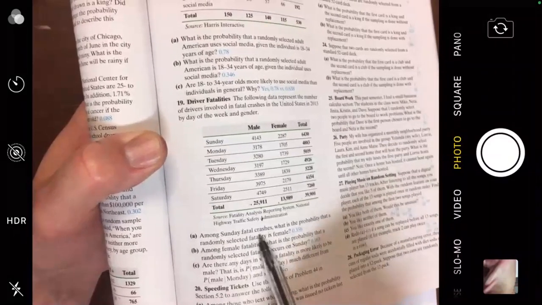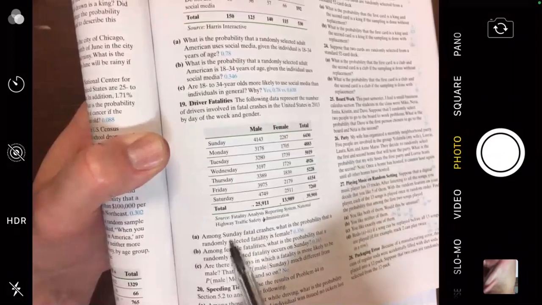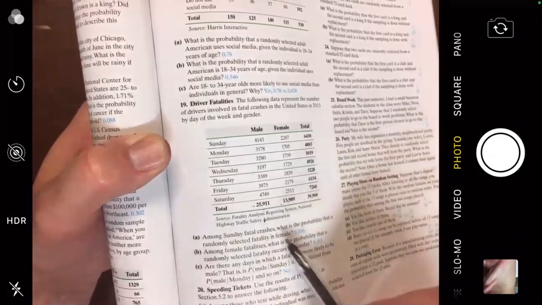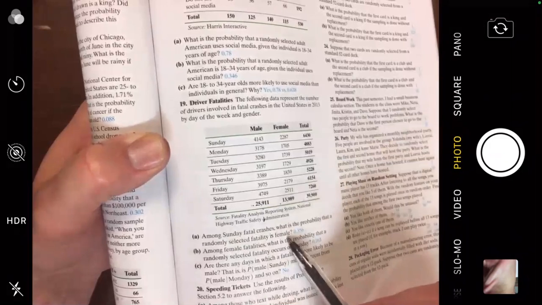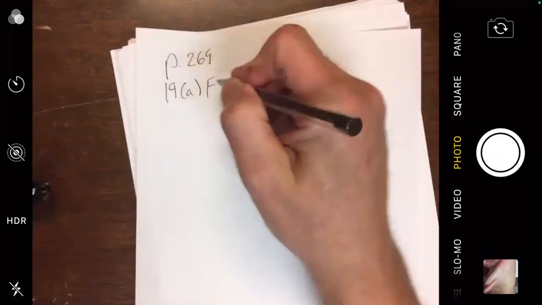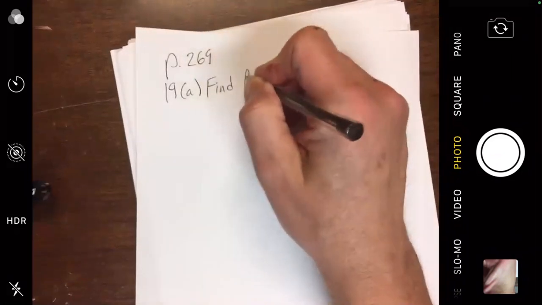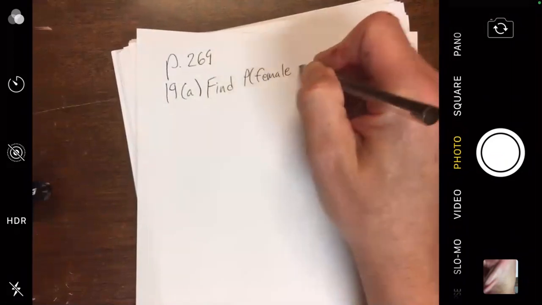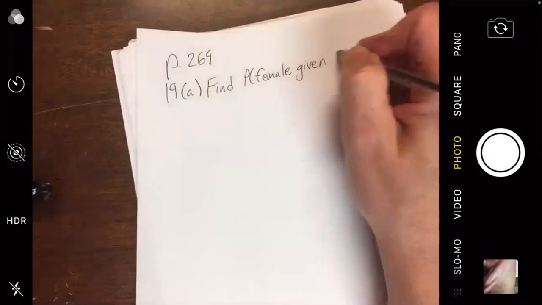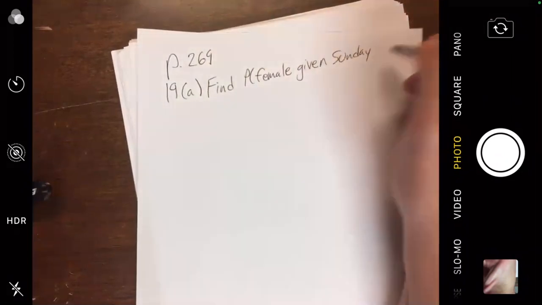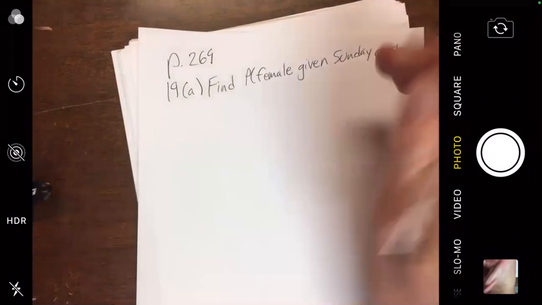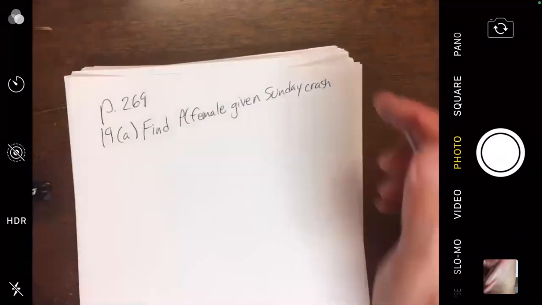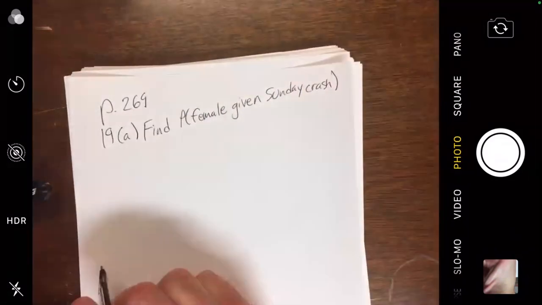That's what's given. It's given Sunday fatal crashes. Find the probability you're female. So I'll write it out that way. Find the probability we have a female fatality given a Sunday crash. Everybody get that?